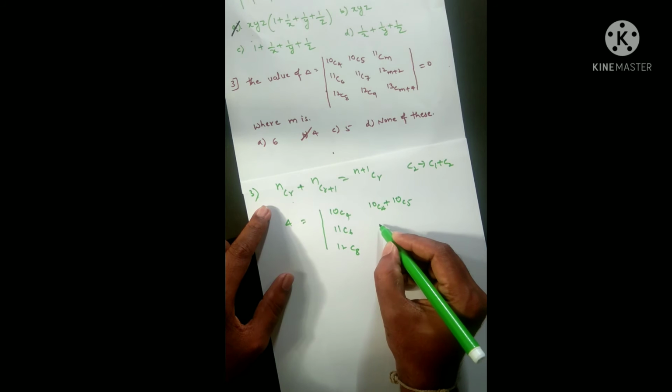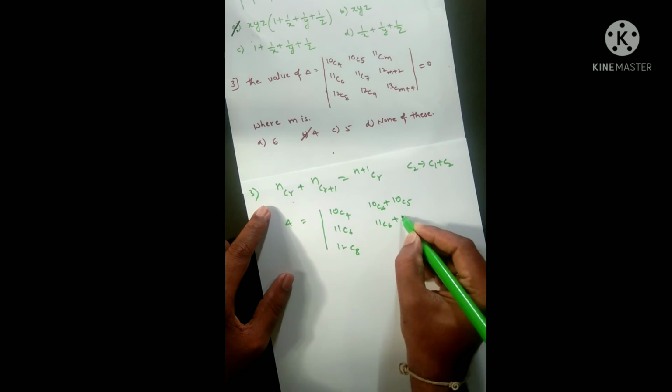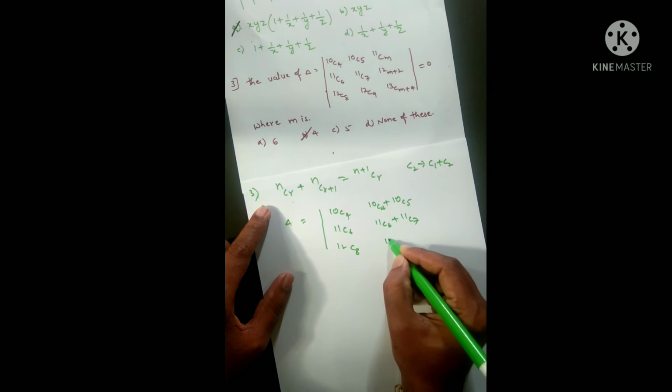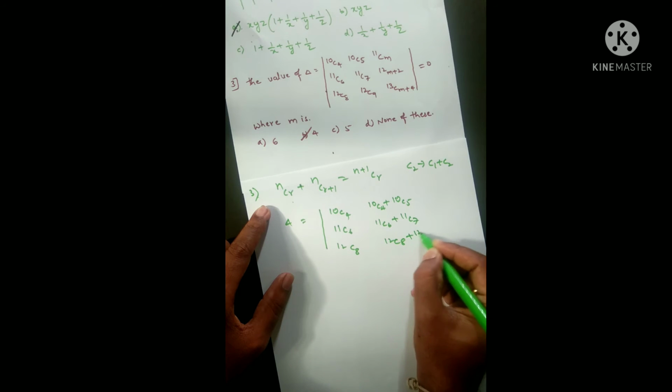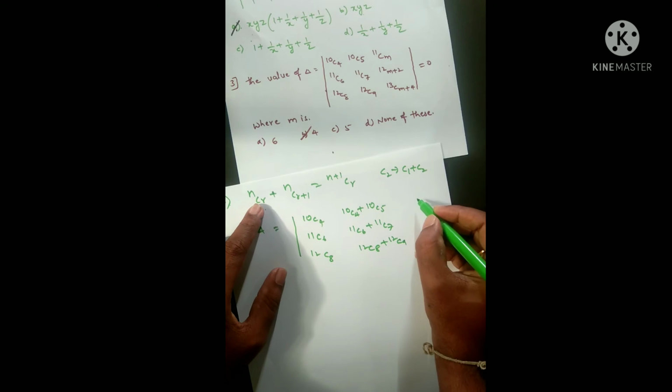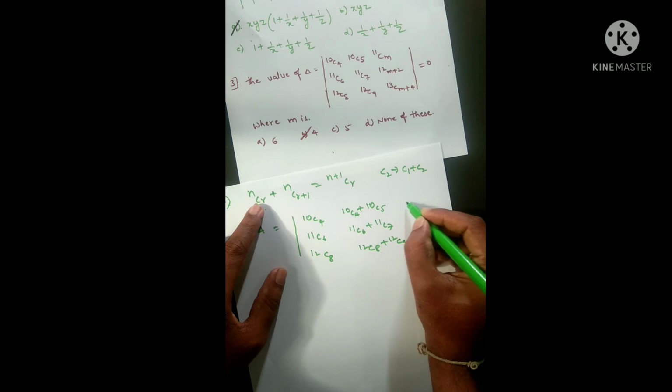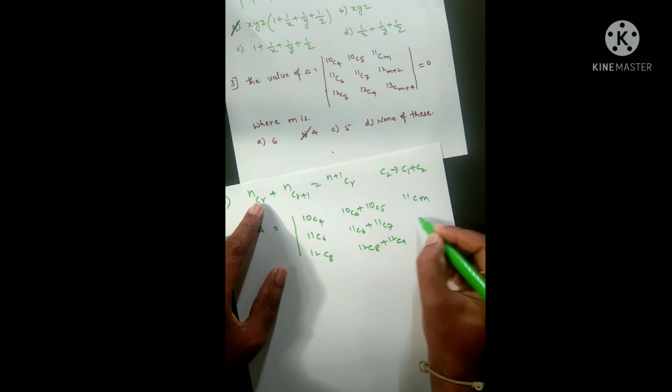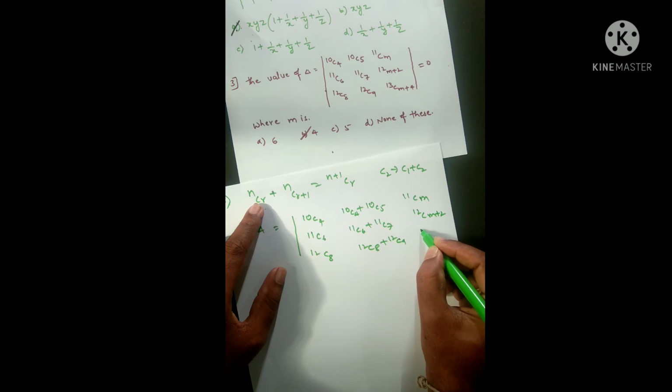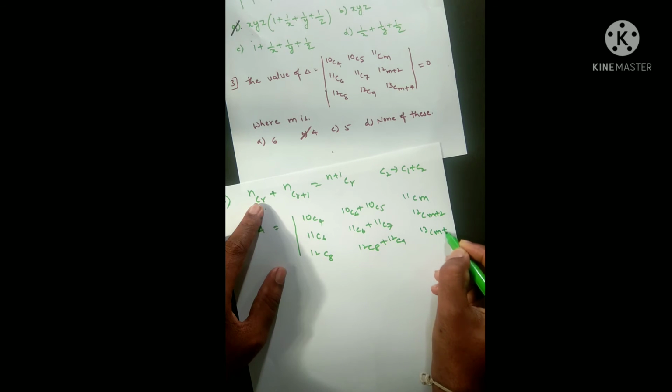Then 11C6, 11C7, 12C8, 12C9. Then the third one, what is that? 11Cm, 12C(m+2), then 13C(m+4). That is the third column, and the determinant is equal to 0.